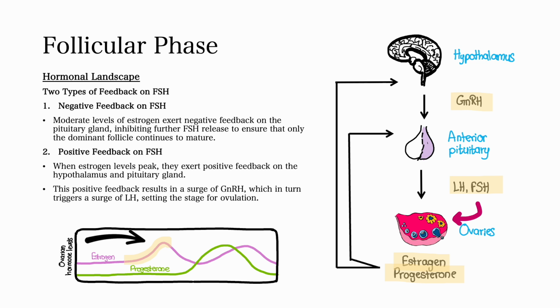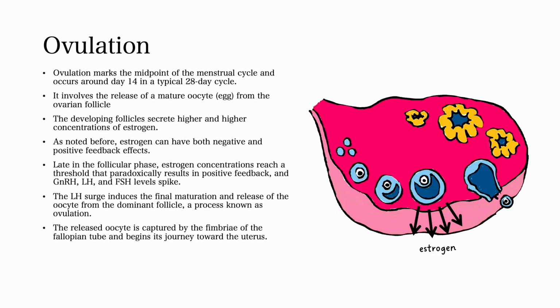When estrogen levels peak, they exert positive feedback on the hypothalamus and pituitary gland. This positive feedback results in a surge of gonadotropin-releasing hormone, which in turn triggers a surge of LH, setting the stage for ovulation. Now we have ovulation.